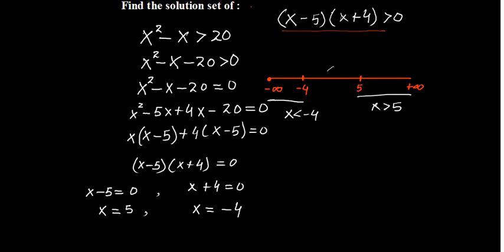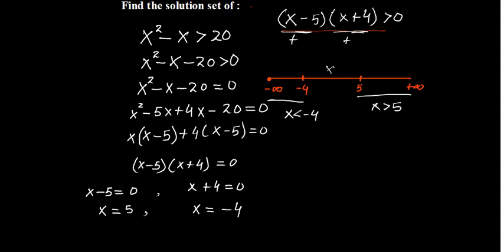I am going to tell you why we are not going to consider that region. Because you can see two factors over here. Both factors should be positive, or both factors should be negative. Why? Because positive times positive is positive, and if both are positive, then the product is greater than 0.